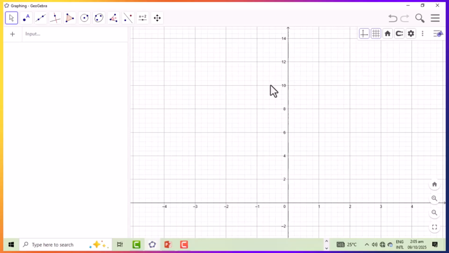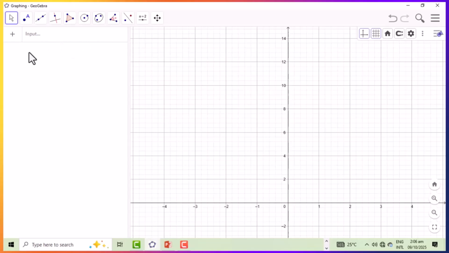All right, so this is our graph, the space for the graph. Now the minimum and the maximum of x and y has been set. Let's move on to plot the points.